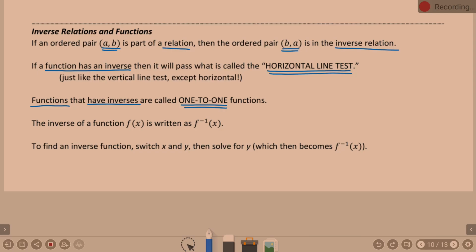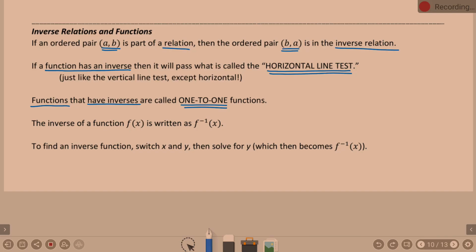If it has an inverse, it has to pass the horizontal line test, which means your y values don't repeat. So if x doesn't repeat and y doesn't repeat, then it's one-to-one. Each x and each y match up once. You did see this in Algebra 1.